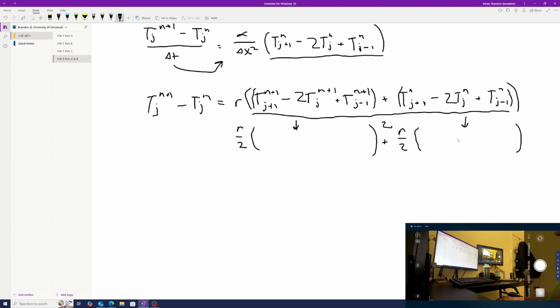What we need to do now is bring our Tjn over and then subtract our Tjn plus 1s from the right side to the left.